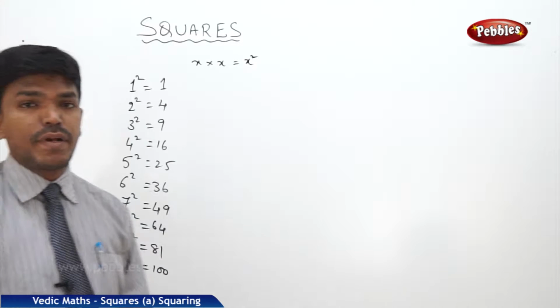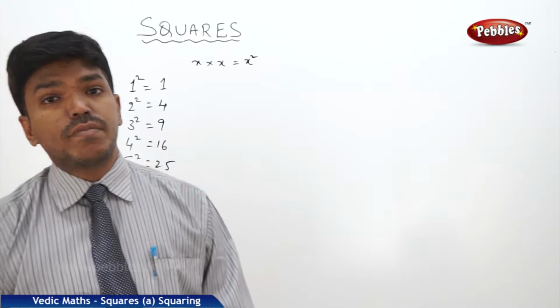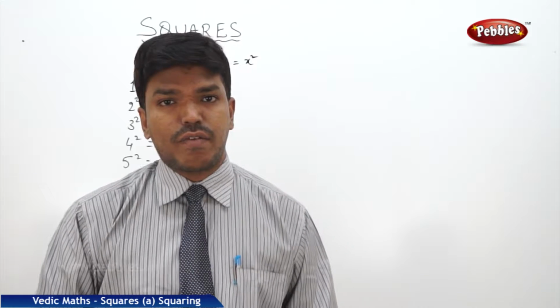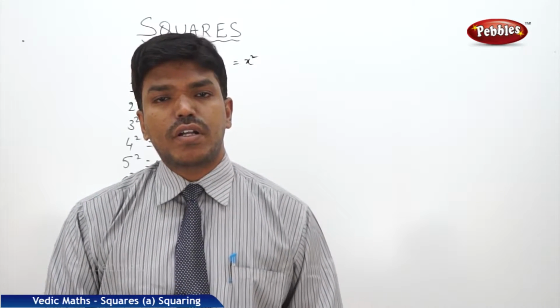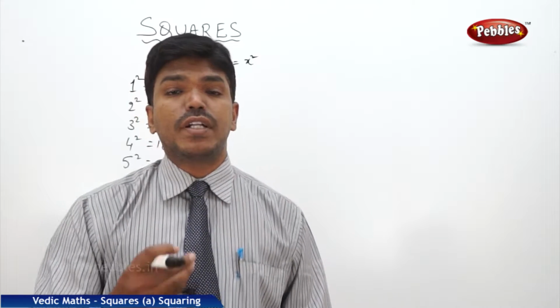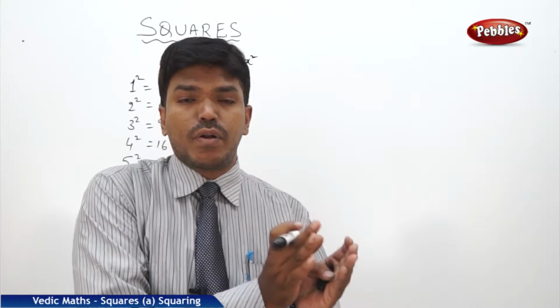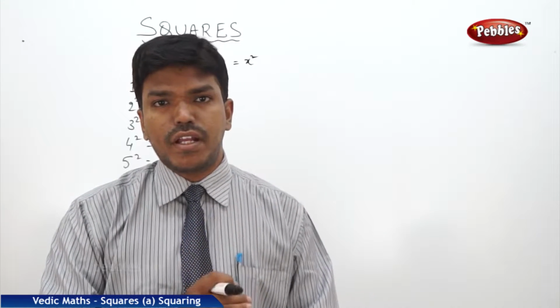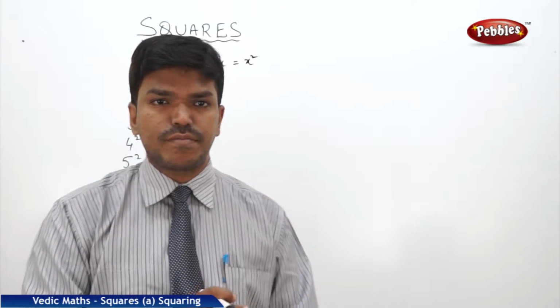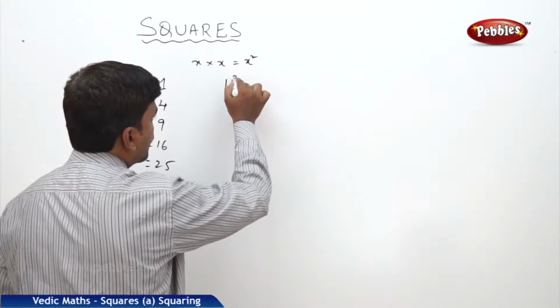Until here everybody knows squares until 10 squares, but the problem starts from 11 square. Why? Because those who don't know the tables of 11 or 12 cannot tell the squares immediately. For those, we have a different way to handle squares. Suppose I want to know 11 square.